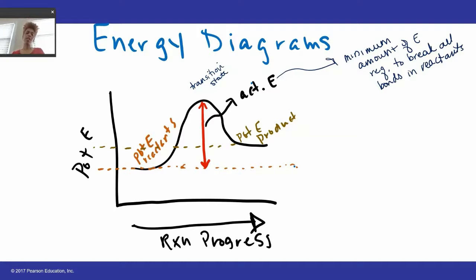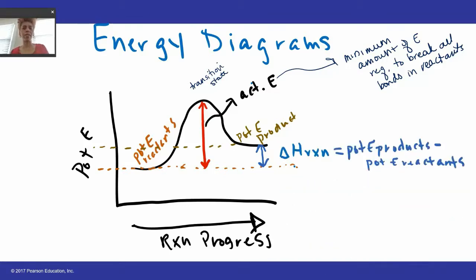Okay? Now, the difference between the potential energy of our reactants and the potential energy of our products is delta H. So given a graph that has numbers on it, you can do what?